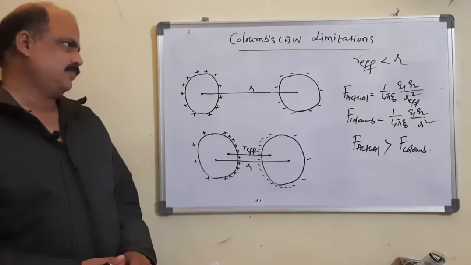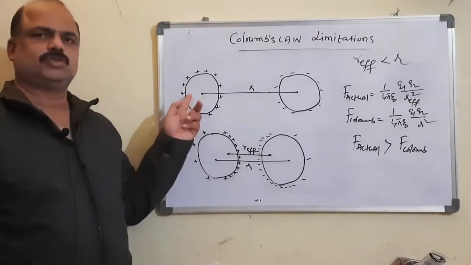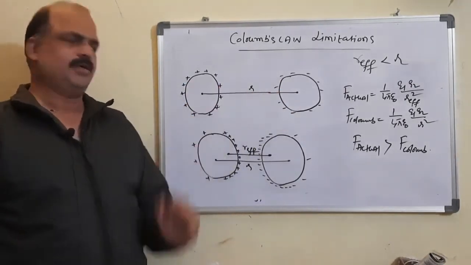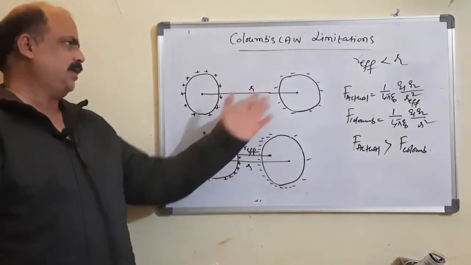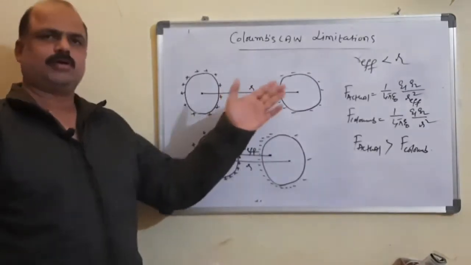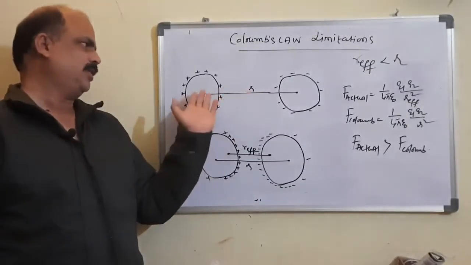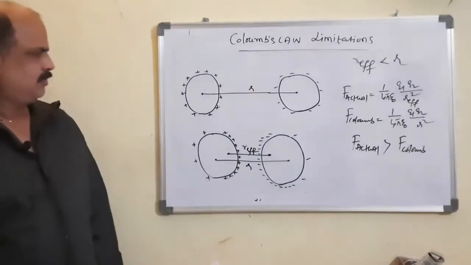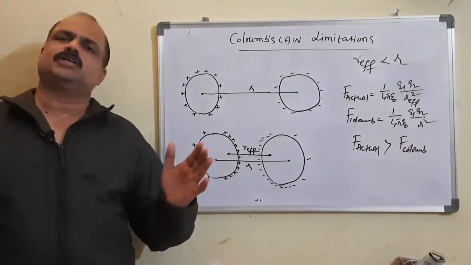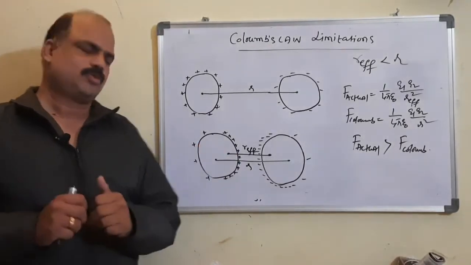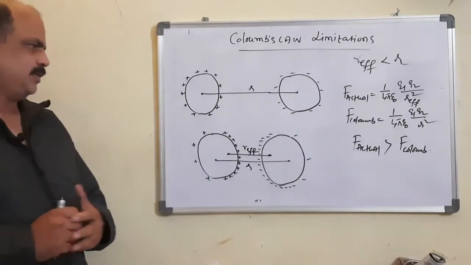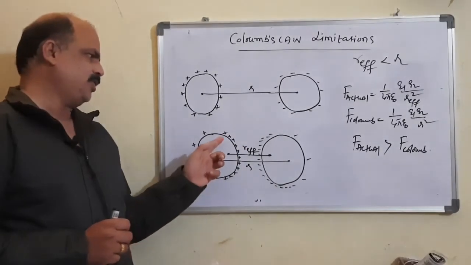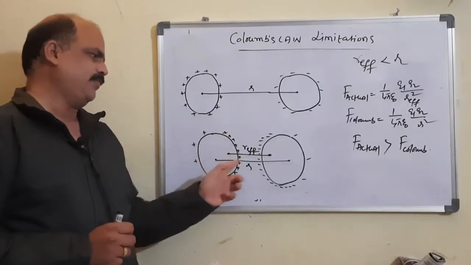Now, the first sphere is given a positive charge. The second sphere is given a negative charge. Initially they are far apart, that is, the distance between the centers of these spheres is r. What happens when these two spheres come closer together? Due to the attraction force between the charges, more charge is concentrated at the facing surfaces.